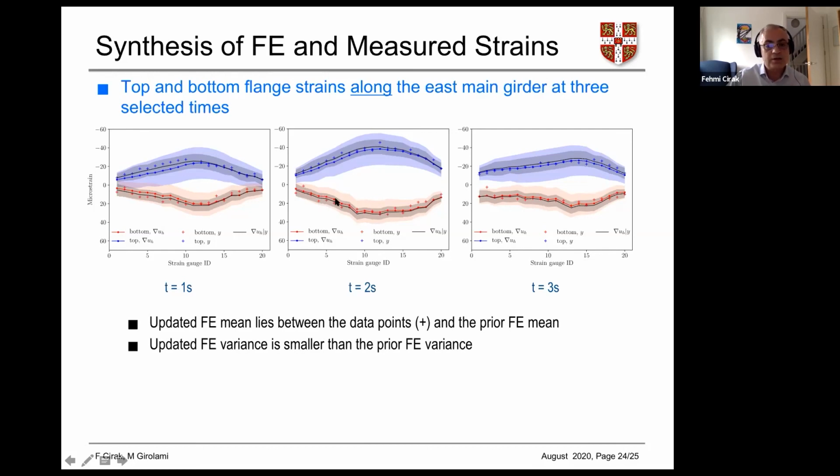And the black line is after we see the data. So you can see here again that our updated finite element results are somewhere in between the measured and the prior finite element results. Okay, I think this should be clearer now, hopefully.